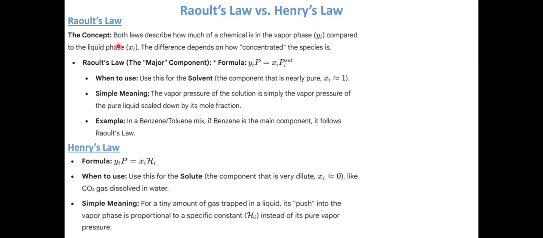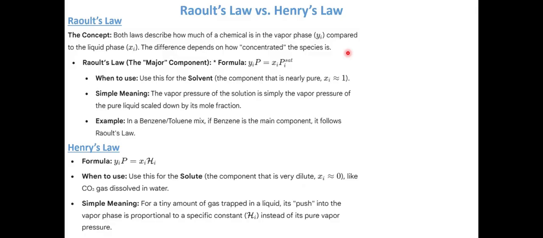Concept: both laws, Raoult's law and Henry's law, describe how much of a chemical is in the vapor phase compared to the liquid phase. The difference depends on how concentrated the species is. What does that mean? When we have a mixture of a liquid in equilibrium with its vapor, if we know the temperature and the composition of one phase, liquid or gas, we can calculate the other phase that will be in equilibrium.